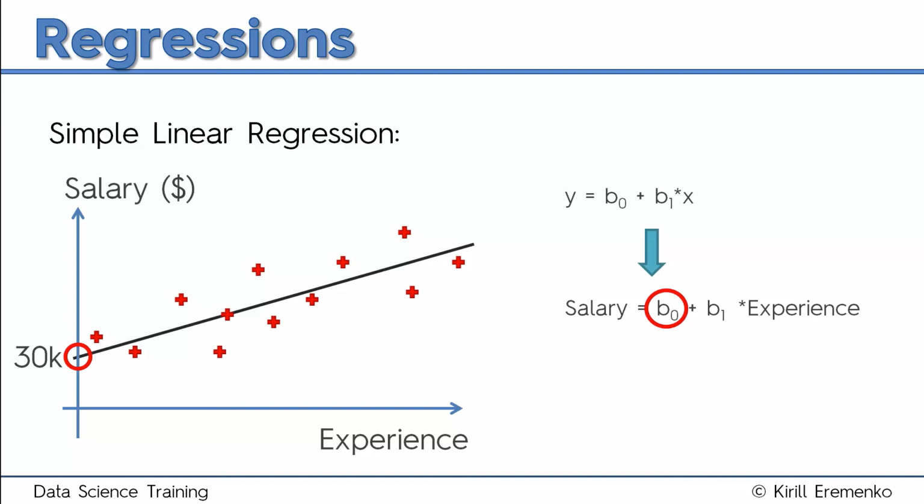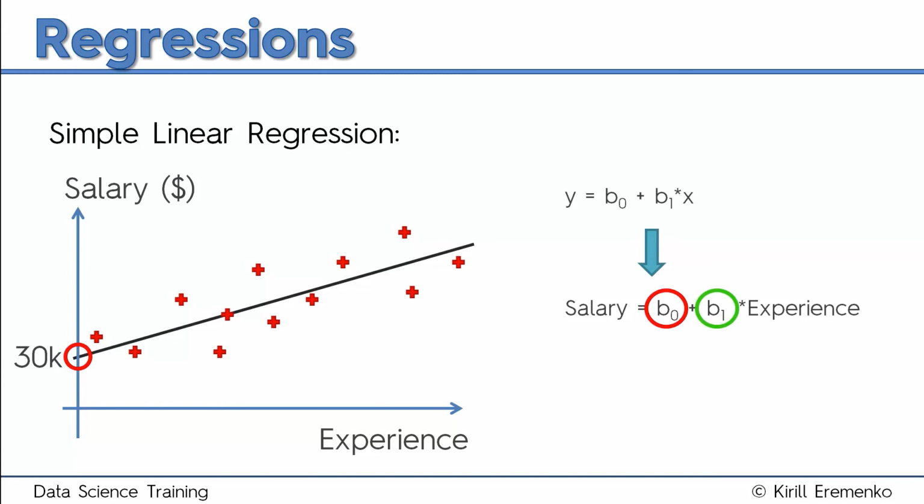So salary equals B0. That means salary will equal $30,000 when a person has no experience. As soon as somebody's fresh from university and joins this company, most likely they will have a salary of about $30,000. There will be some confidence intervals there, but we won't go into that right now. We can say that according to this model, that person will probably be getting paid $30,000.